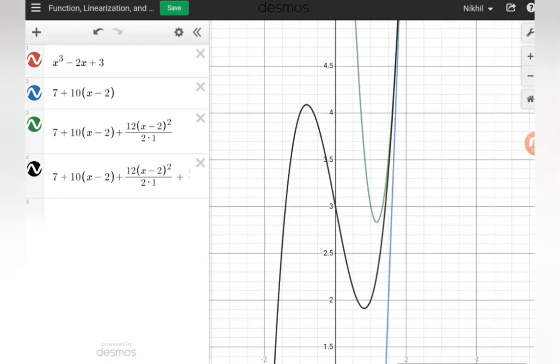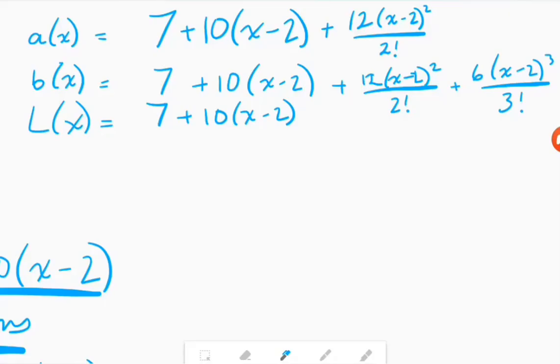They're overlapping the entire way. Let's look into this idea: if you add more and more terms to increasing powers, how you get better approximations of function values.